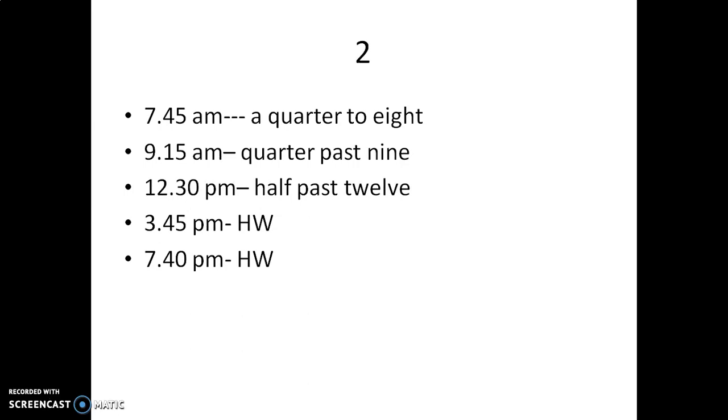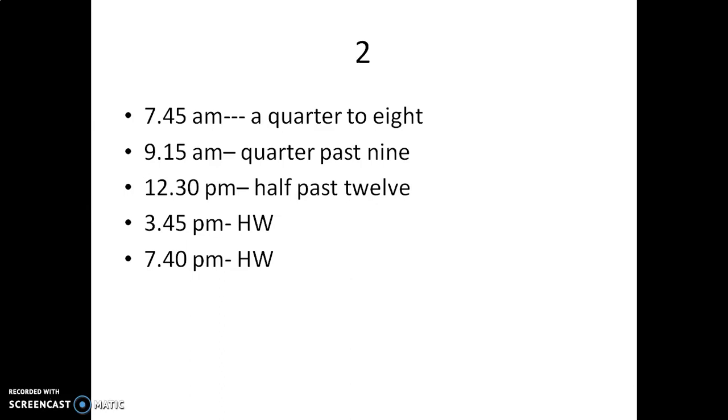Now I move on to question number 2. Here are some times and all you have to do is write the time in words. It's very, very simple for you now. The first 3 I have helped you with. Now 7:45 a.m. You can write it as a quarter to 8. A quarter means 15 minutes.